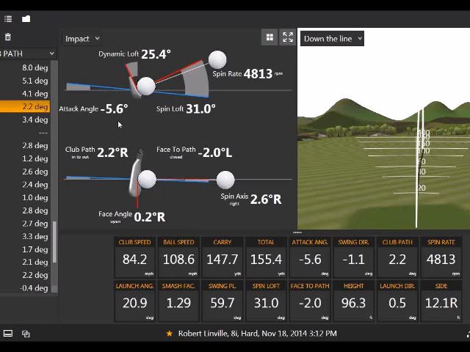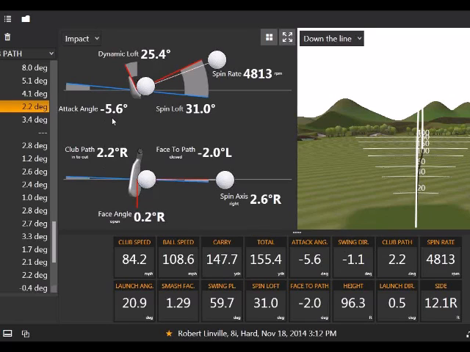What that means is that his club was coming down at this angle into impact. For an 8-iron, that's about our desired attack angle for his club speed and his particular swing.